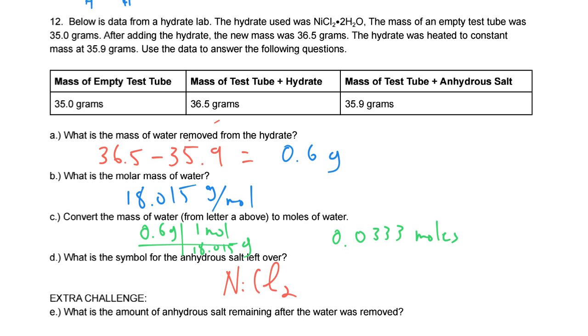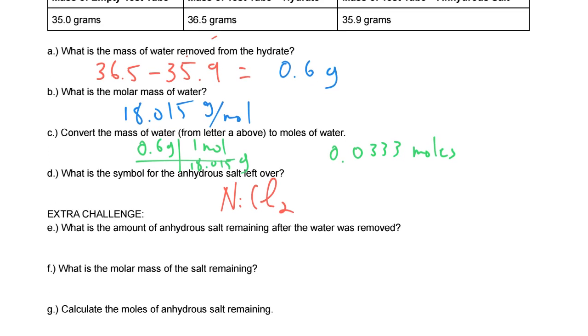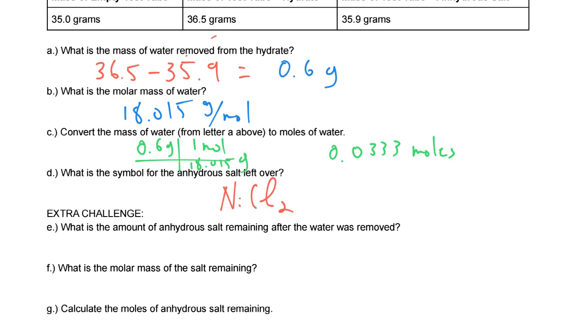All right, extra challenge. What is the amount of anhydrous salt remaining after the water was removed? So we'll just subtract the empty test tube from the empty test tube plus the salt to get that was 0.9 grams. Molar mass of the salt, we'd have to add up nickel chloride. So let me just find that.